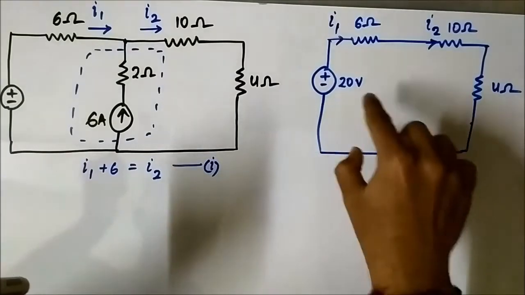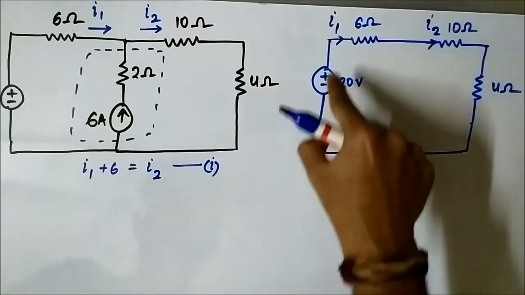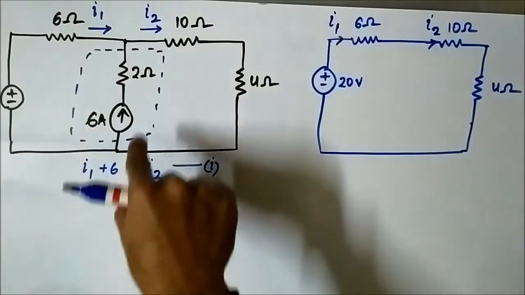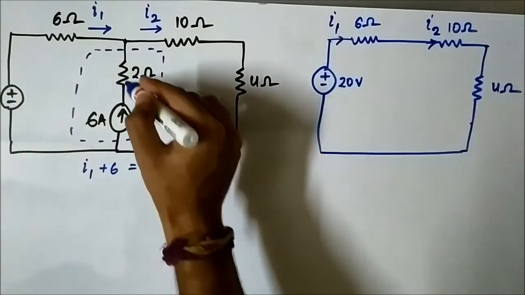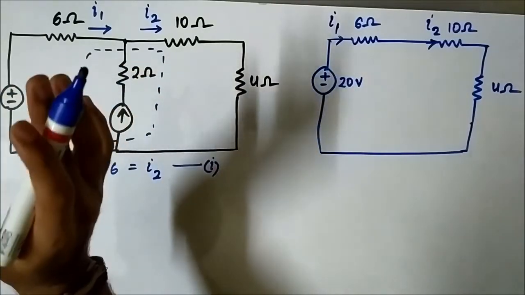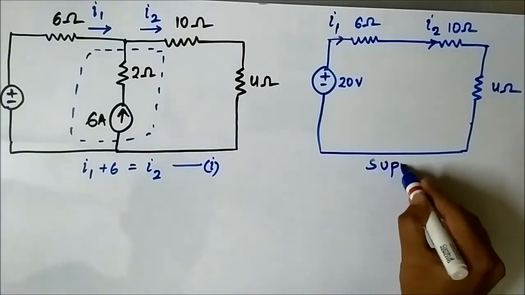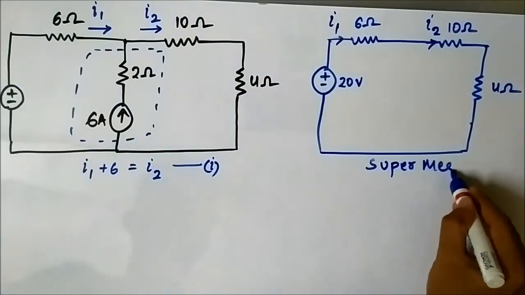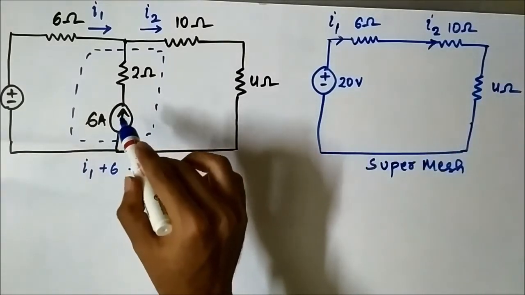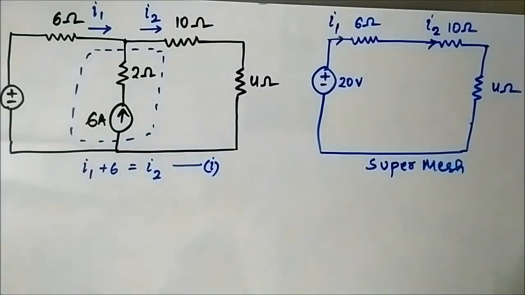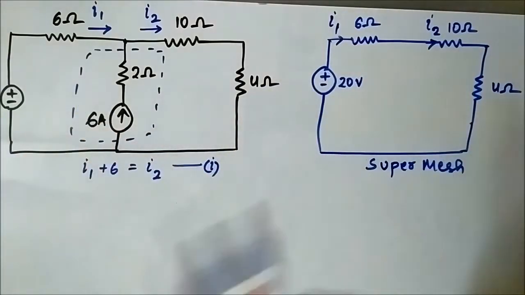Now we have to apply the KVL equation in this whole circuit network excluding these two elements. So the two meshes combined together, excluding the current source common to both meshes, is called a super mesh.